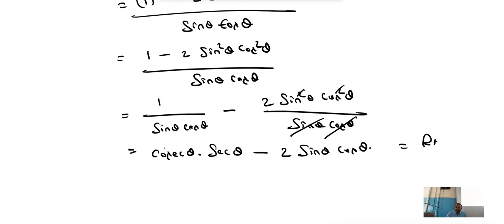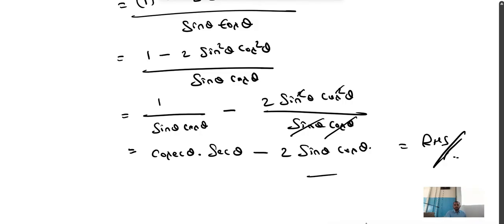You can check. Therefore, LHS equals RHS: secant theta into cosecant theta minus 2 sin theta into cos theta. Clear? Understood? Good. We'll go with the next question. Make a note.